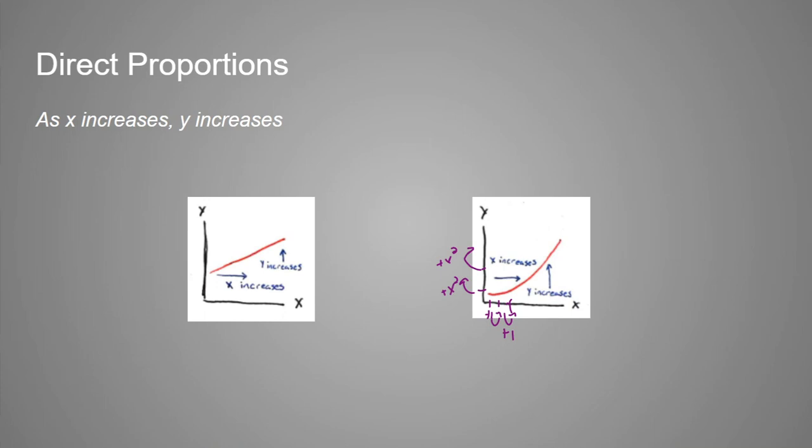And that's what's going to give us this half of a U shape. We also call this a parabola. And that usually refers to when we see the full shape. If we have x and y.